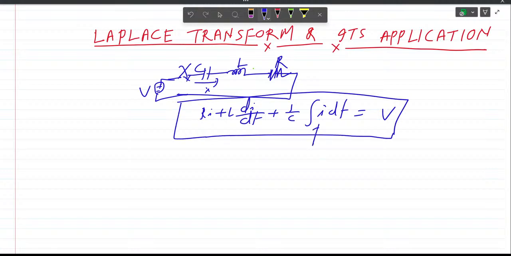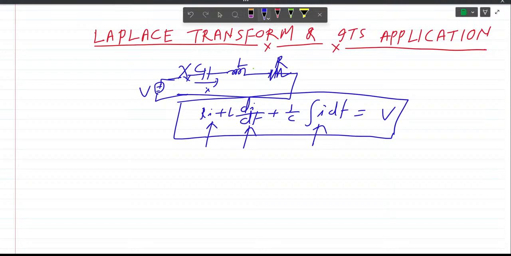It involves integration, it involves differentiation, it involves the variables. Then in the time domain, you need to differentiate again, so that you have one second order differential equation. But in the Laplace transform domain, what happens?